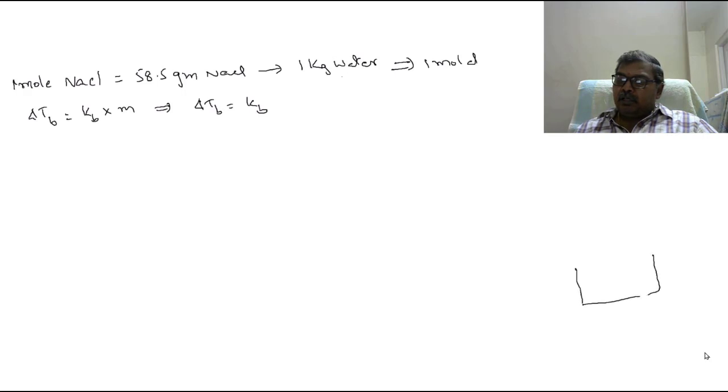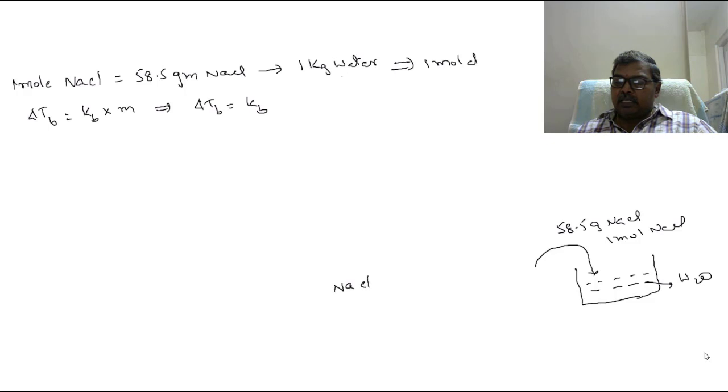See, here you dissolve 58.5 grams NaCl, that is 1 mole NaCl. This is dissolved in a polar solvent, that is water. So, in water, NaCl ionizes as Na plus plus Cl minus.